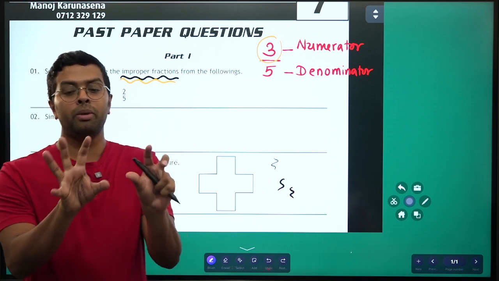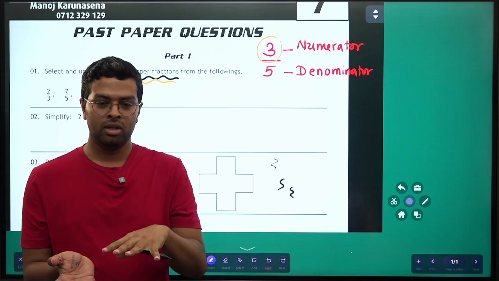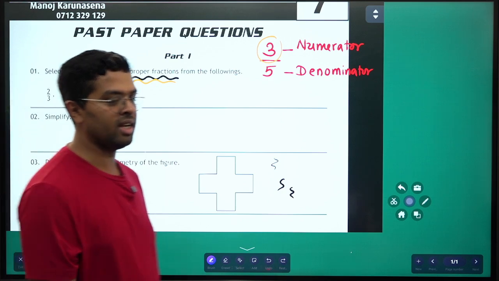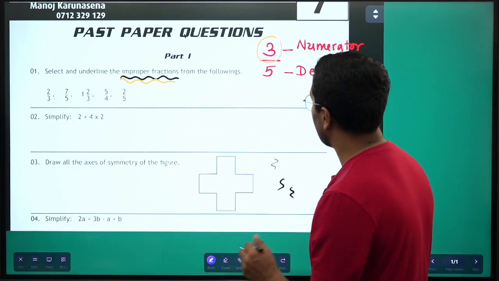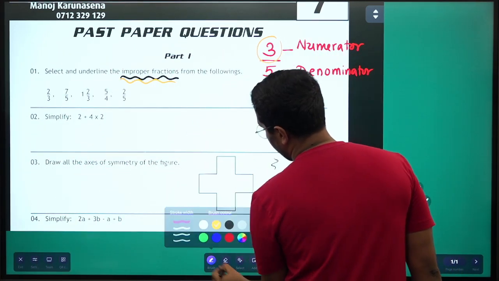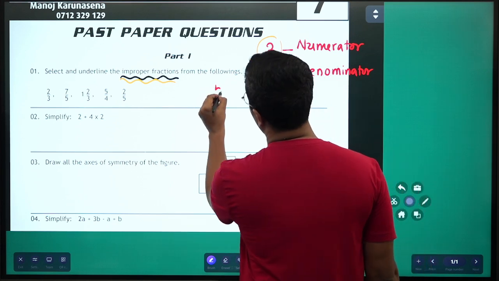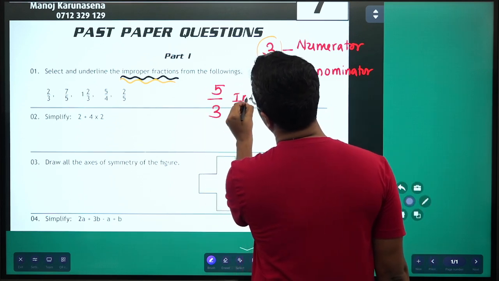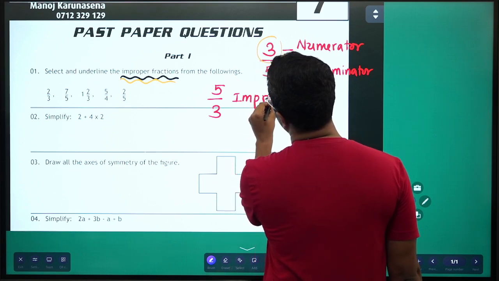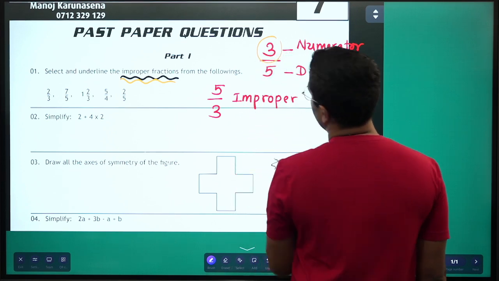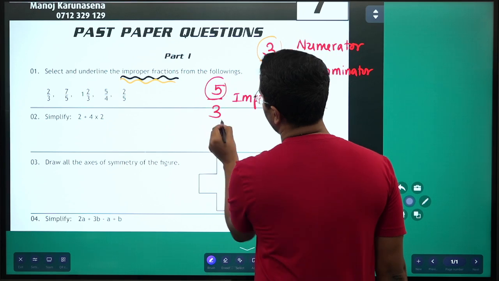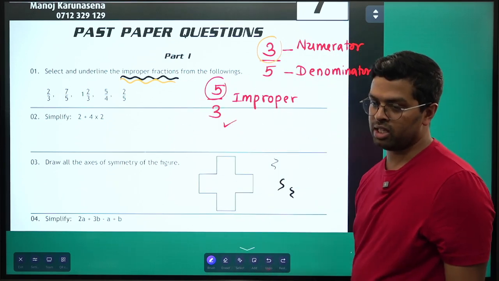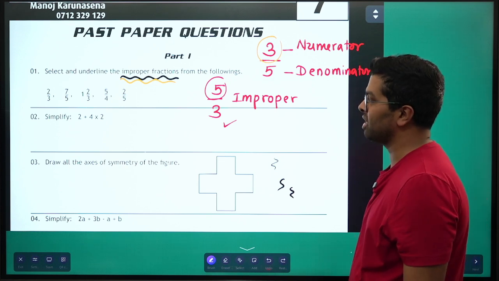In improper fractions, it's the other way around: the numerator is greater than the denominator. For example, if you write 5/3, this is called an improper fraction, because the numerator value is greater than the denominator value. So what are the improper fractions in the question?